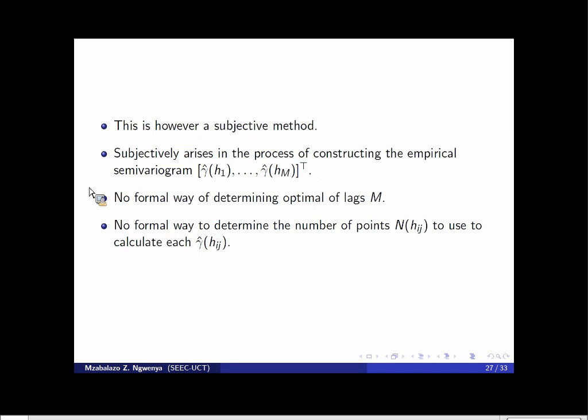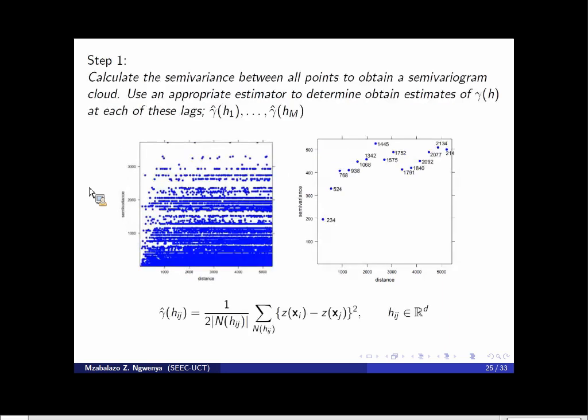I am not a big fan of this approach because it's very subjective. Remember, you've got this messy picture here, and you have to smooth. So you have to make subjective decisions about how many points you use to calculate each of these points, and you also have to make a subjective decision of where you even place those points. You could use 5 points, or you could use 6 or more.